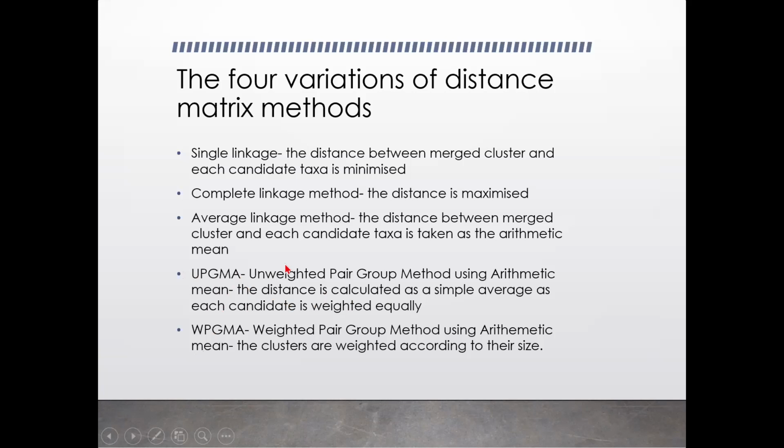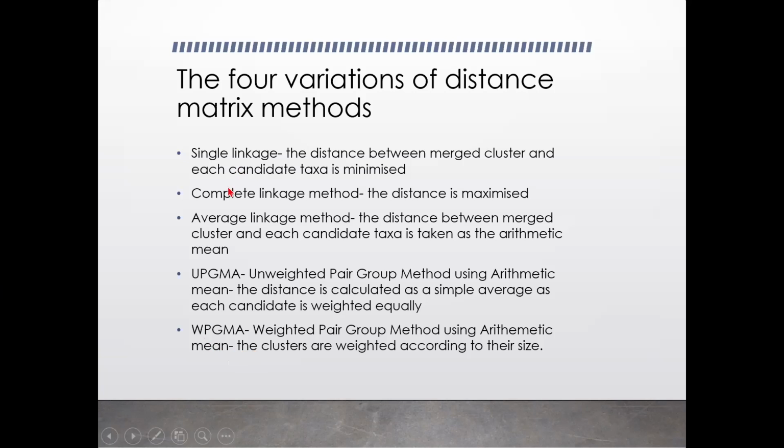The other variation of this average linkage method is WPGMA, the weighted pair group method using arithmetic mean. Here the clusters are weighted according to their size. That's how it is called weighted pair group method using arithmetic mean.